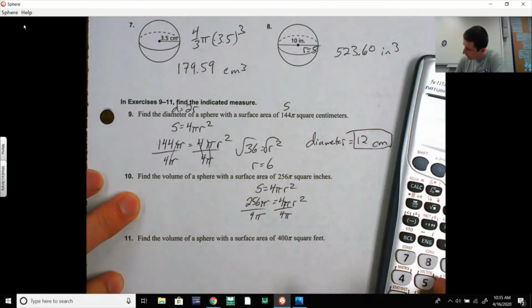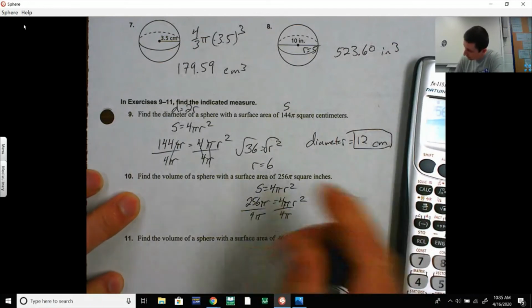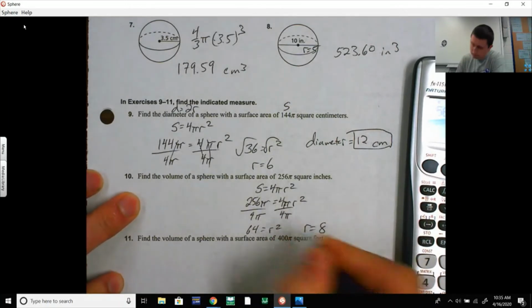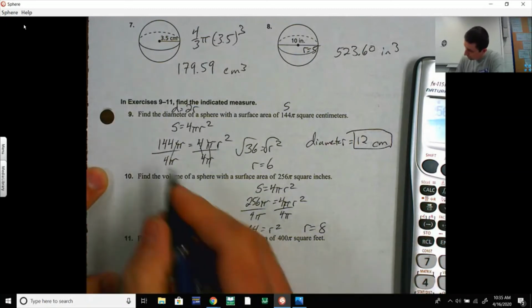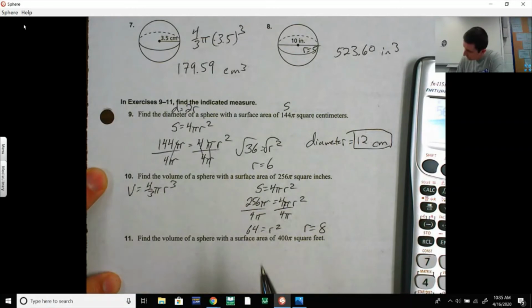256 divided by 4 is 64. 64 equals r squared. So r equals 8. Radius is going to equal 8. So that means the volume is 4/3 pi r cubed. I think I just thought of a shortcut I can tell you too.